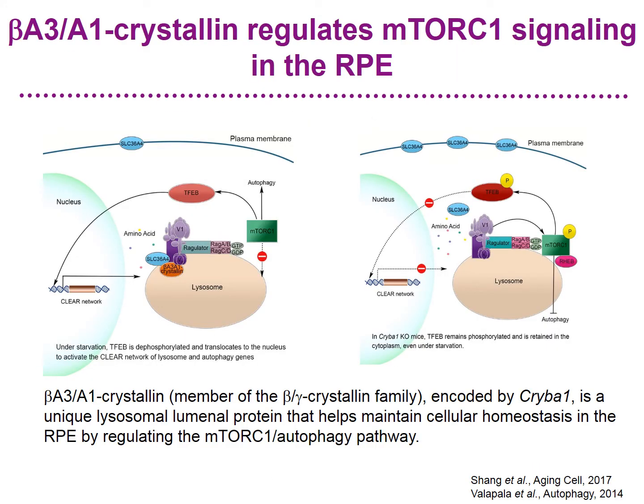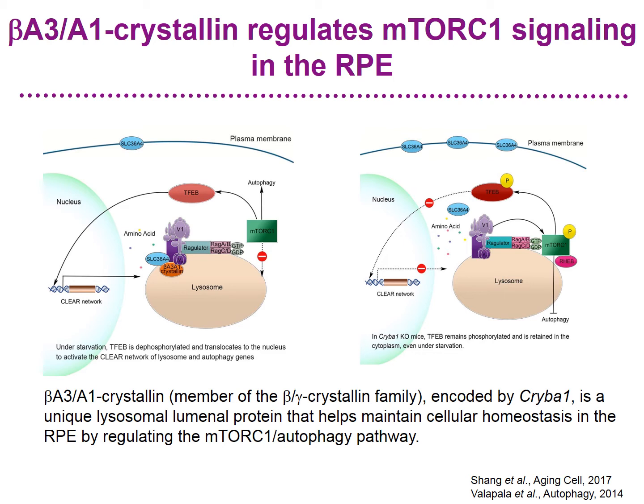Our laboratory for the first time showed that beta A3/A1 crystallin, a member of the beta gamma crystallin family, which is encoded by the gene Cryba1, is a binding partner of V-ATPase and as such regulates assembly and disassembly of V-ATPase and amino acids in the lysosomes of RPE cells.